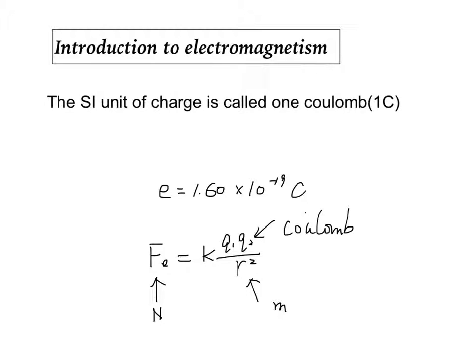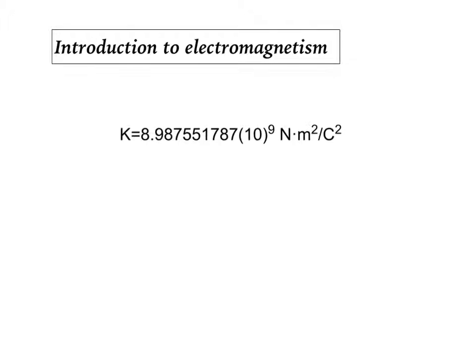So if the question gives you the charges in the form of e, maybe such as the alpha particle has charge 2e, you need to convert 2e into Coulomb. In this case, it's 2 times 1.60 times 10 to the negative 19 Coulomb, which equals 3.2 times 10 to the negative 19 Coulomb.